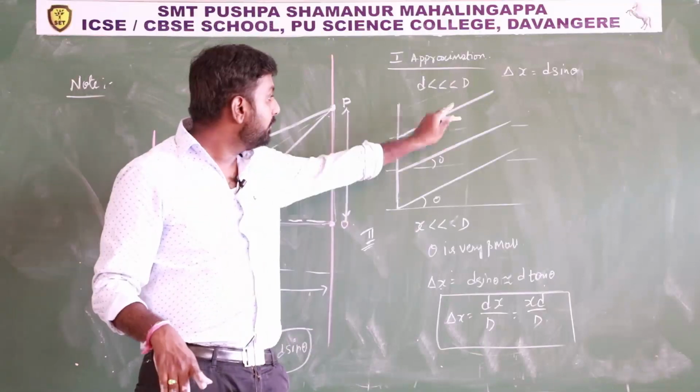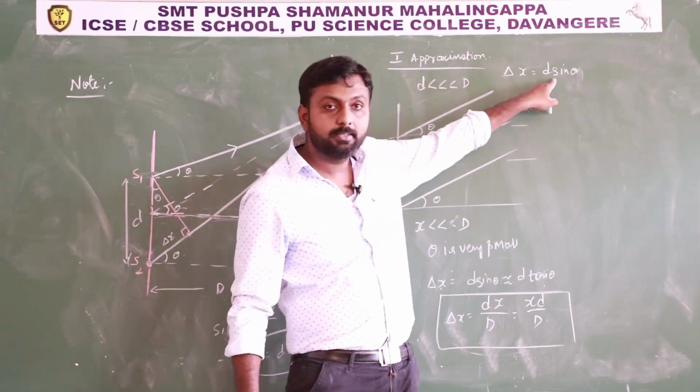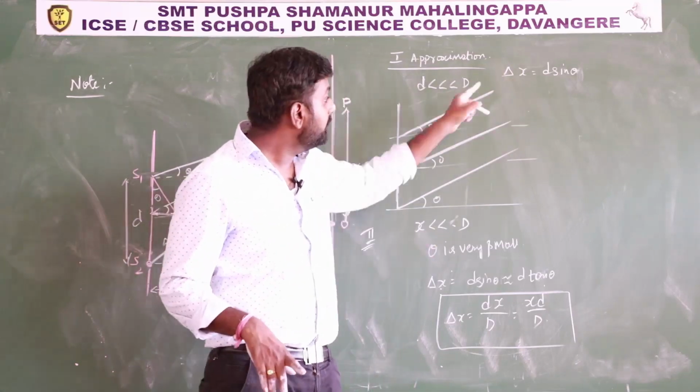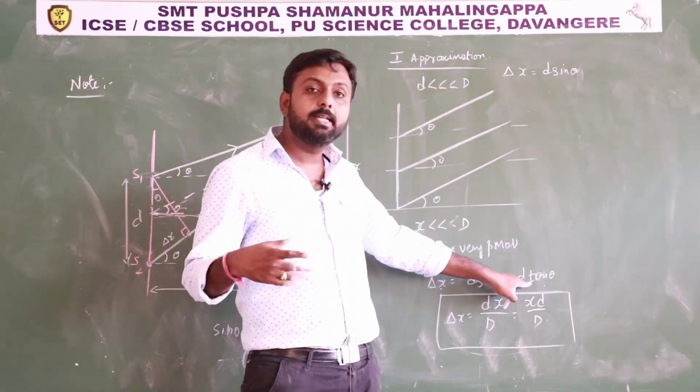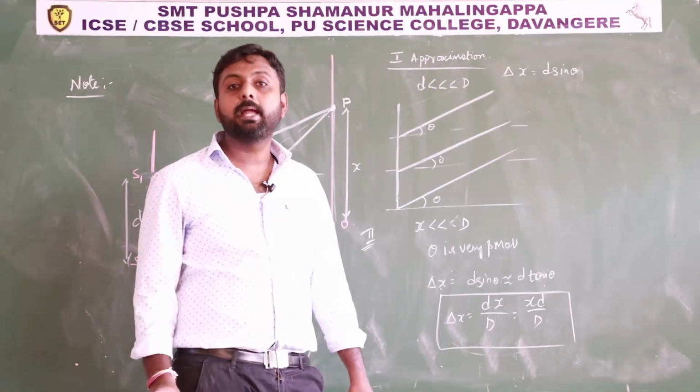If it satisfies the first condition, then the path difference becomes d sin theta. Then if it satisfies the second condition, d sin theta I can consider as d tan theta, and then the path difference becomes xd divided by capital D.